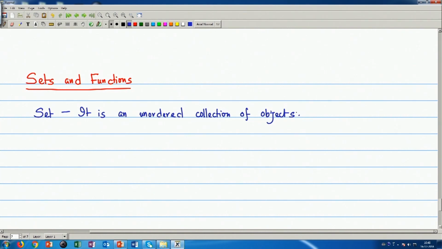These objects are sometimes called the elements, or sometimes we call them the members of the set.